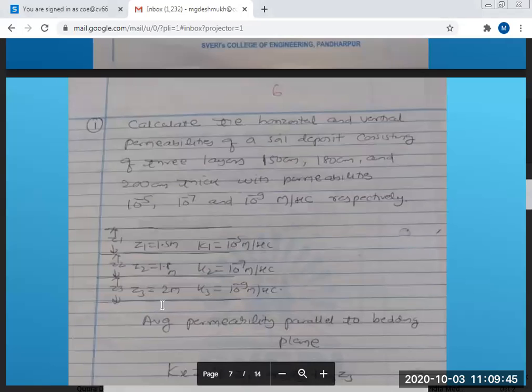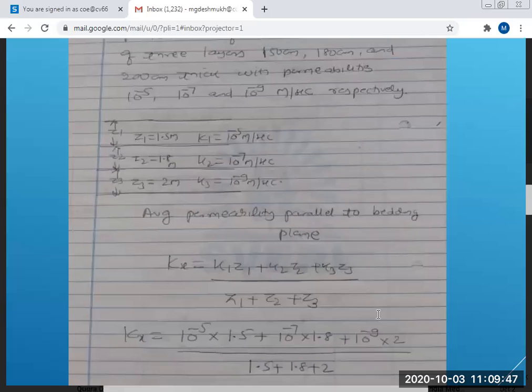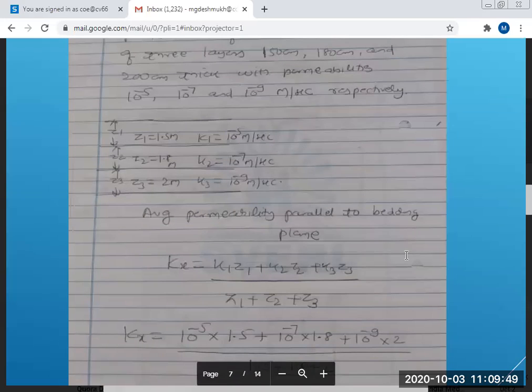So once you know the Z1 and K1, then average permeability parallel to bedding plane is given by Kx is equal to K1Z1 plus K2Z2 plus K3Z3 divided by Z1 plus Z2 plus Z3. Simple formula is there. ये पैरेलल का फॉर्मूला है.